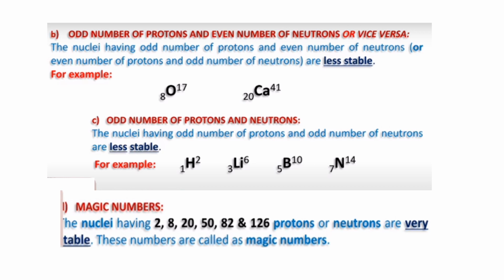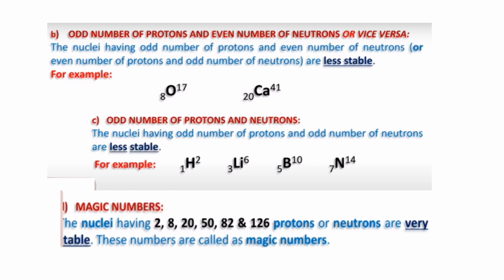The nuclei having odd number of protons and even number of neutrons, or even number of protons and odd number of neutrons, are less stable compared to the even-even ones. For example, oxygen-17 and oxygen-18: here oxygen has an even number of protons and an odd number of neutrons. Examples.